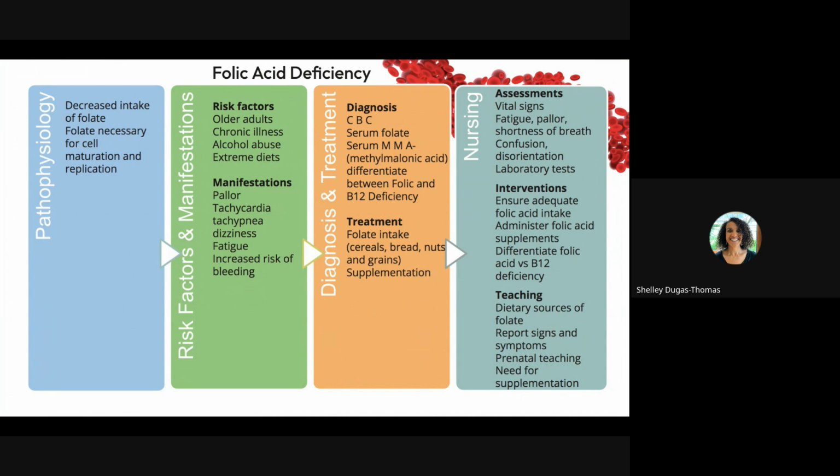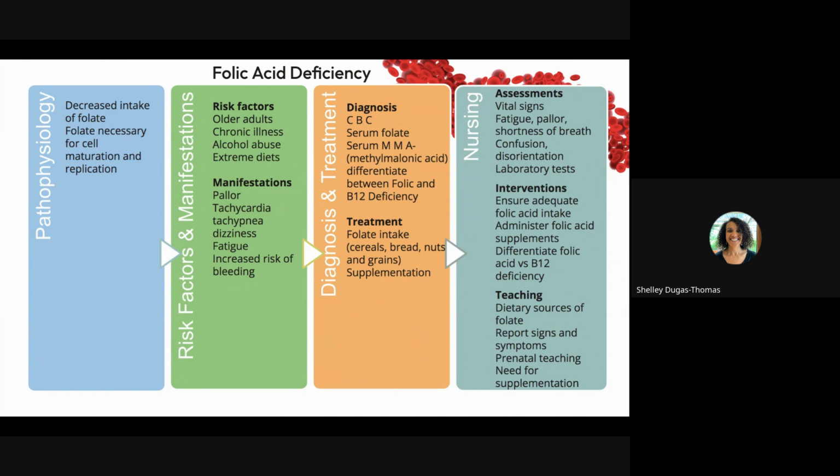Risk factors include poor dietary intake and malabsorption, and that happens in Crohn's disease. We'll talk about that when we get to GI surgery. This could also happen if there's a gastric bypass surgery, medications such as metformin, anticonvulsants, oral contraceptives, and hemodialysis could also put the patient at risk for this.